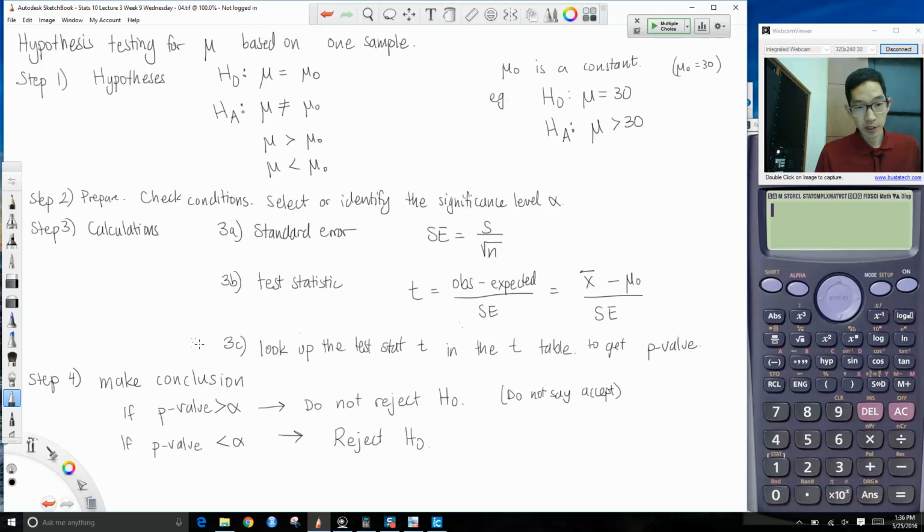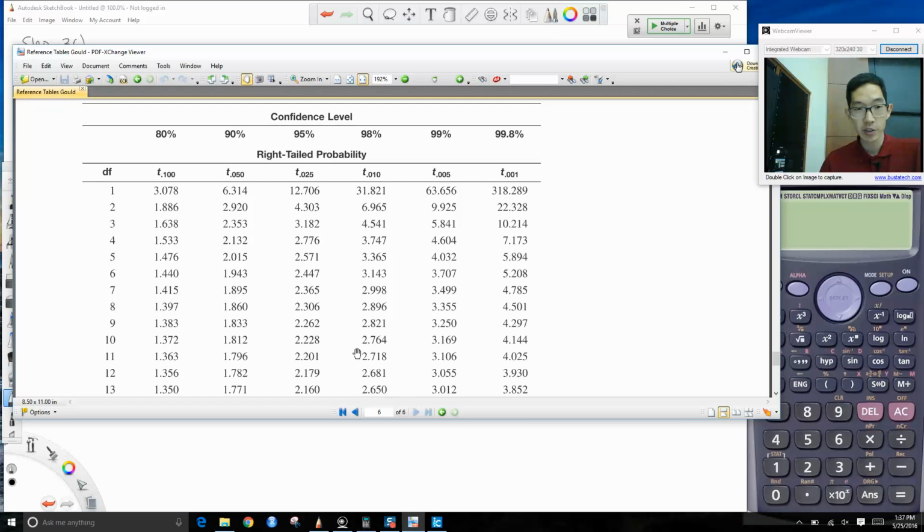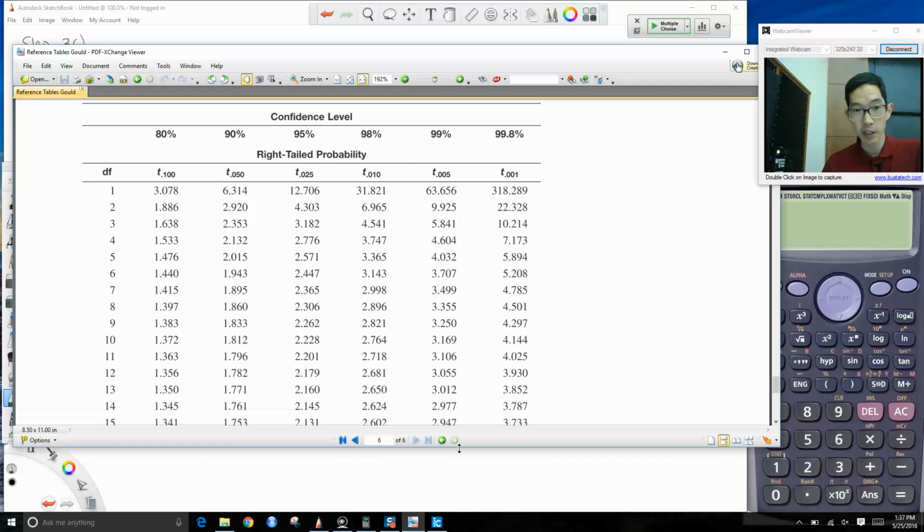So let's talk about using the t-table to get our p-value, okay? So this part works pretty differently from using the z-table, so let's talk about that, okay? So this will be step 3c. I'm going to just copy a section of our t-table.